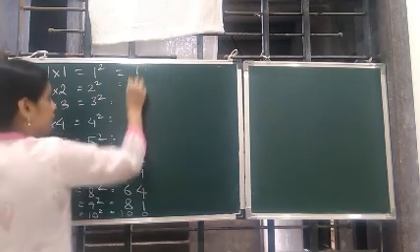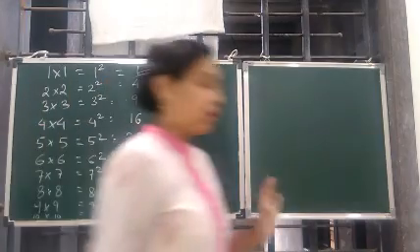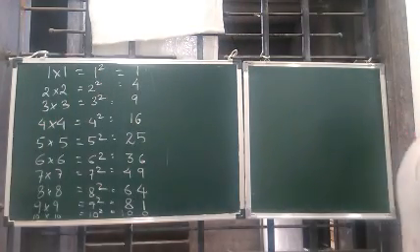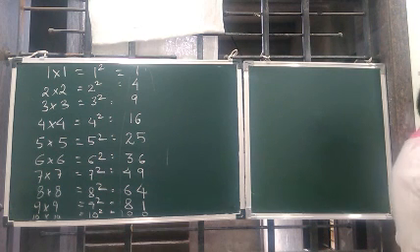So these numbers are known as square numbers or also perfect squares.